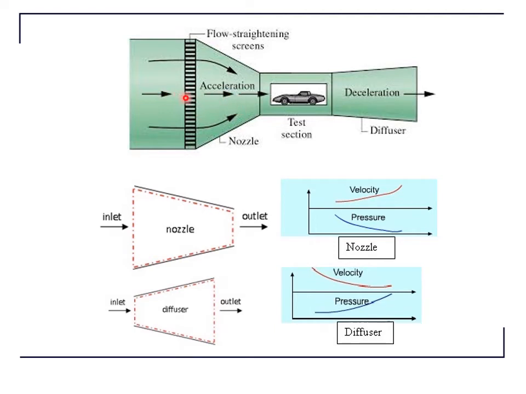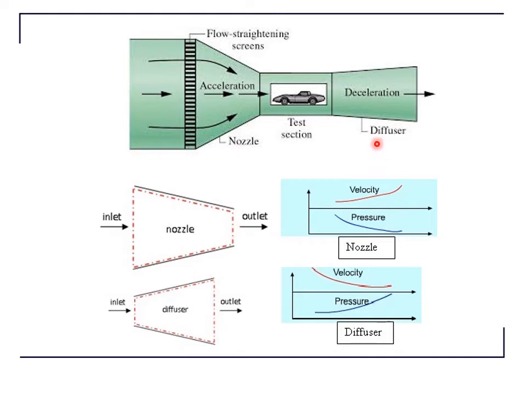Okay, so the air has been accelerated inside that nozzle, and at the outlet, we have a much higher air velocity, and this high velocity can be used in the test of, for example, automobile, where if we think about how to test its aerodynamics around a car, okay, and then we can use that nozzle to generate a very high speed of air flow here. Okay, so this is a nozzle. You can see the inlet area is higher than the outlet area.